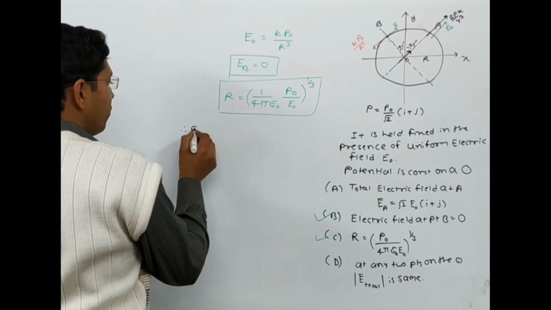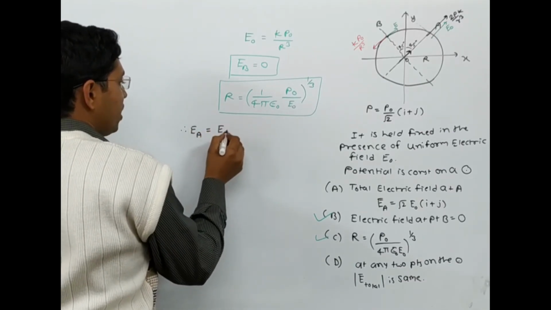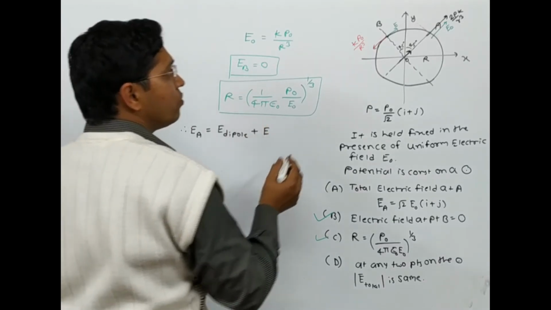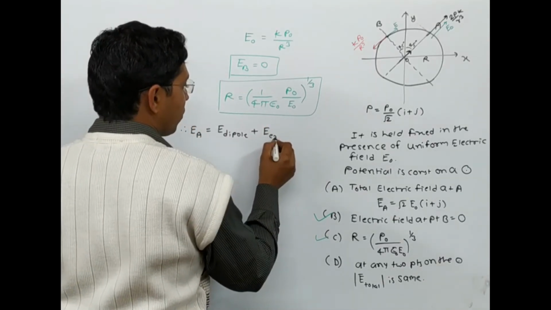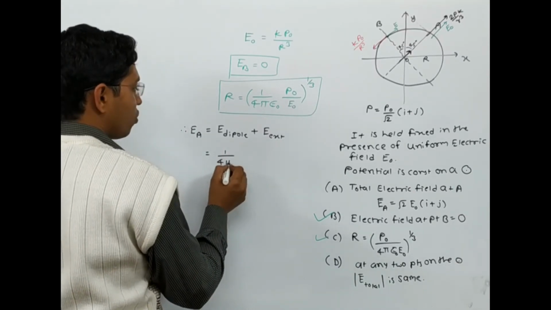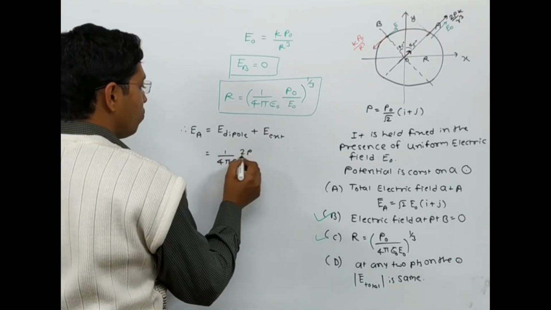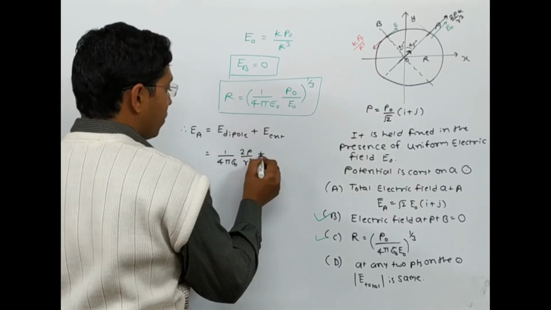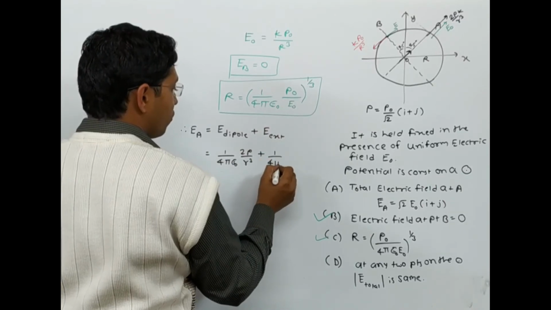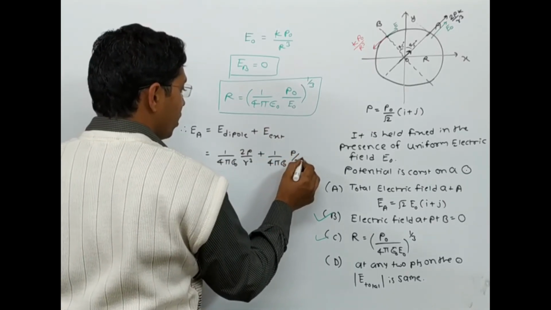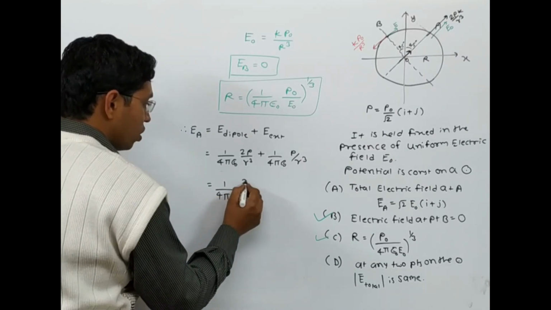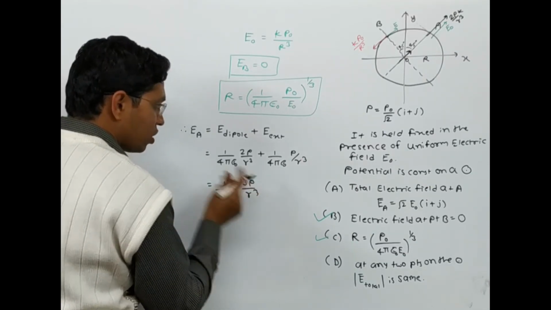Therefore the net total field at A is E due to the dipole plus E due to the external field. E due to the dipole is 1 upon 4 pi epsilon 0 times 2p by r cube, plus E due to the external field, which is nothing but E naught, which is 1 upon 4 pi epsilon 0 times p by r cube. So if I solve this, I'll get 1 upon 4 pi epsilon 0 times 3p by r cube.